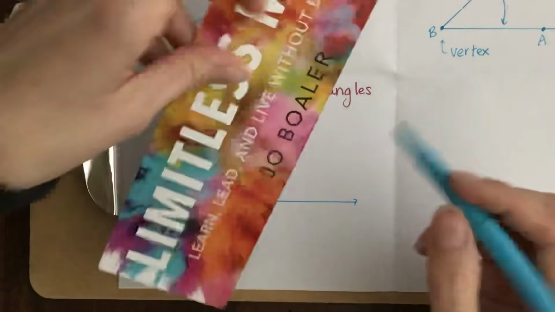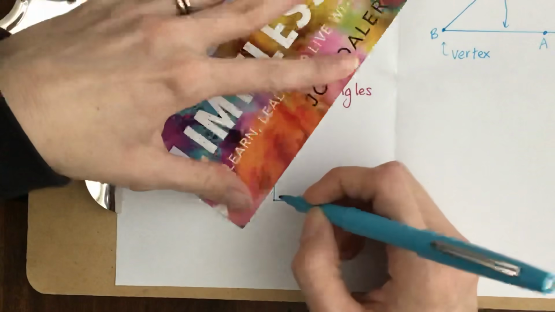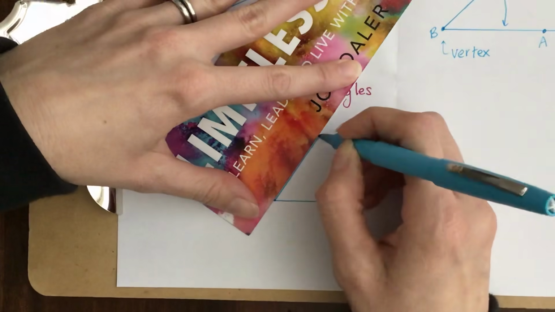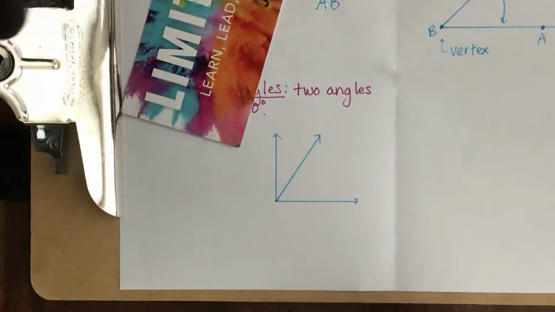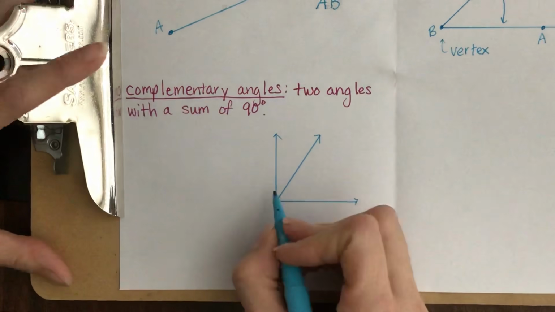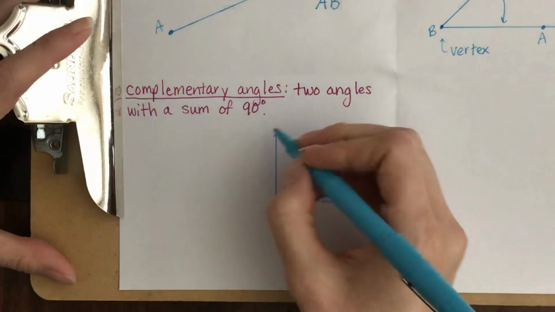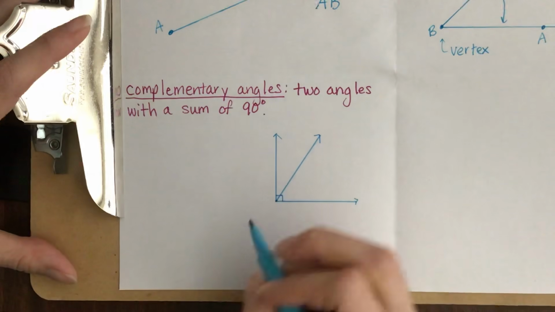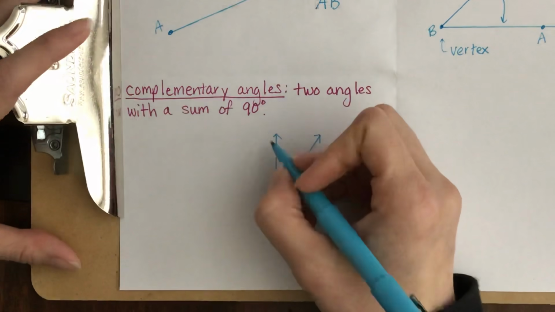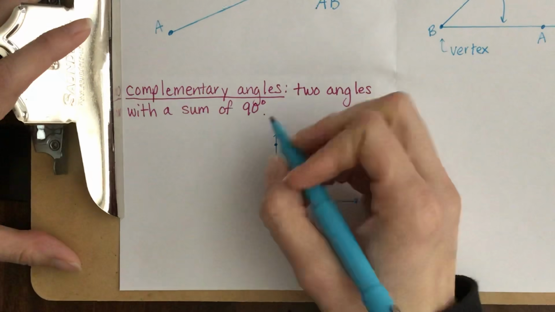Okay, so first of all, this whole angle right here is 90 degrees. So I'm going to put a little box in the corner that says this ray and this ray form a 90-degree angle.